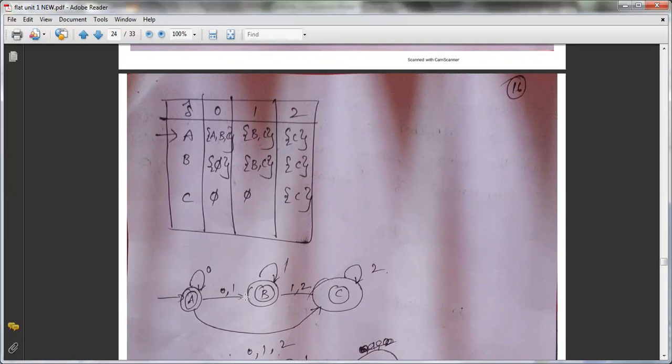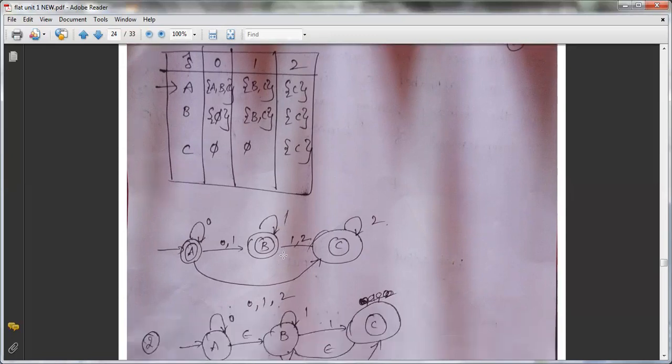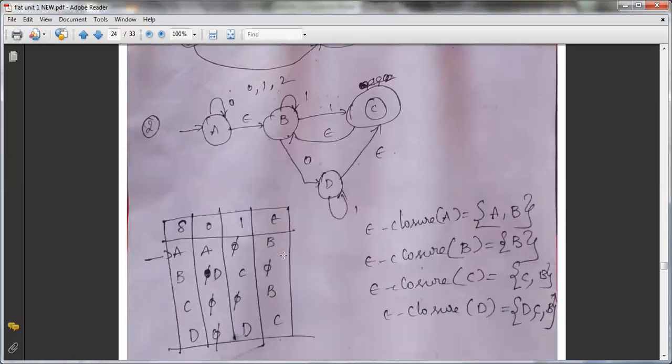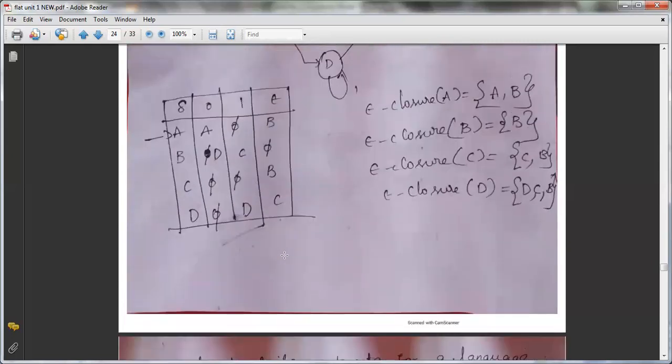So if you get a question as directly NFA with epsilon to DFA, then what you are going to do is, first, convert that NFA with epsilon to NFA without epsilon. And after that, you are going to convert NFA without epsilon to DFA. So that is how we convert from NFA with epsilon to without epsilon.